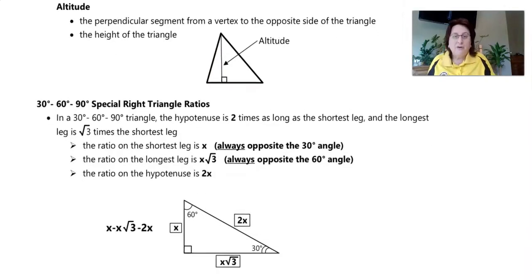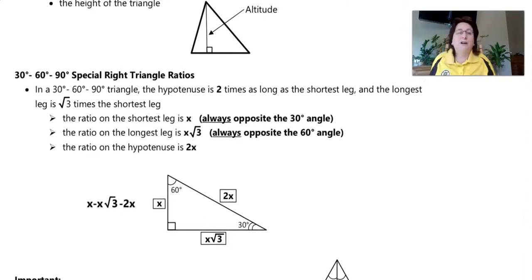Now in a 30, 60, 90 degree triangle, there are some different ratios than what we talked about with the 45, 45, 90. We still are going to go across the triangle, but notice the ratios are going to be different. The ratio of x is always on the shortest leg, across from the 30-degree angle.